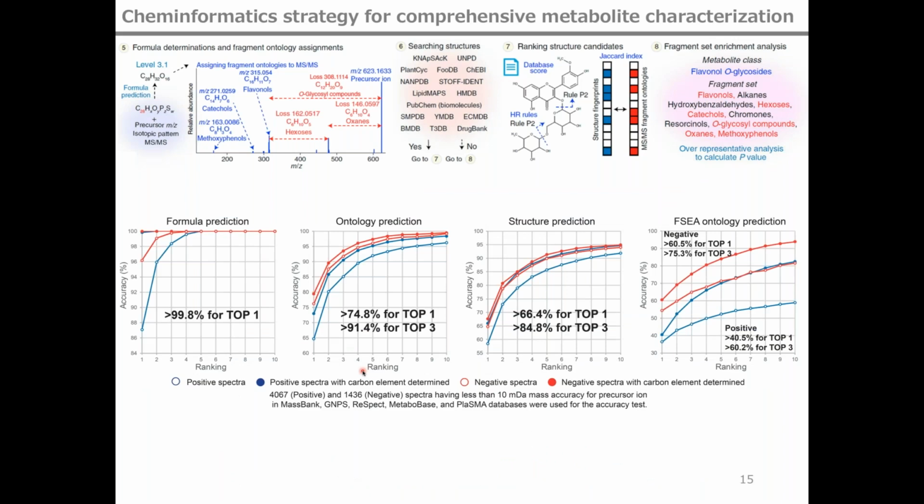And as a summary, our platform can achieve more than 99.8% accuracy for molecular formula prediction when the carbon number is fixed. And the program can provide the correct metabolite class and structures with 75% and 66% accuracies if the molecular formula has already been registered in structure databases.